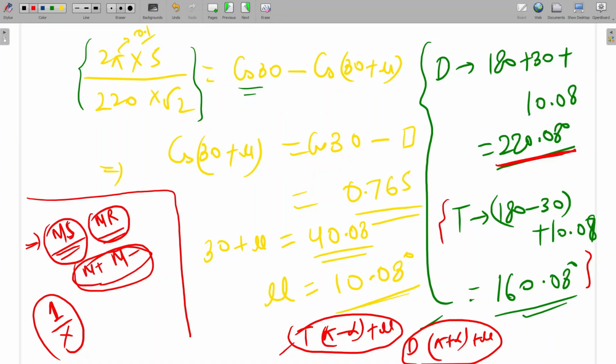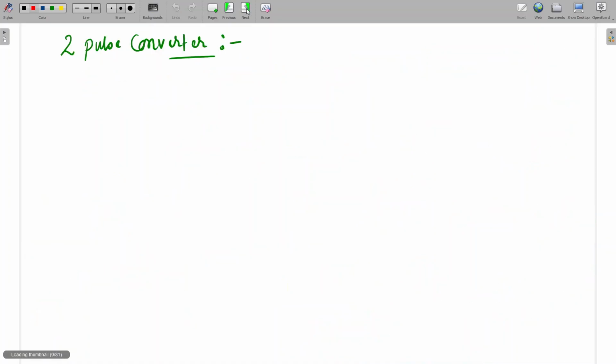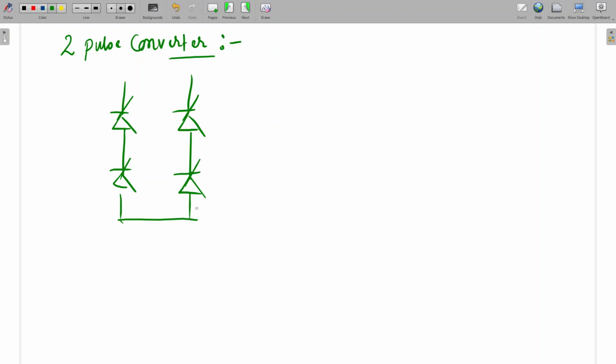So the same thing I am going to do for the two pulse converter. Just a small derivation I'll do. So two pulse converter means there will be one thyristor here, and one thyristor, and a source inductance Ls.